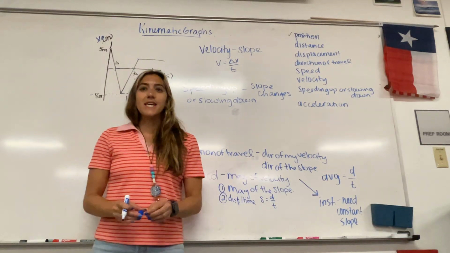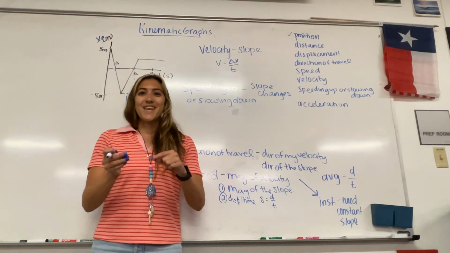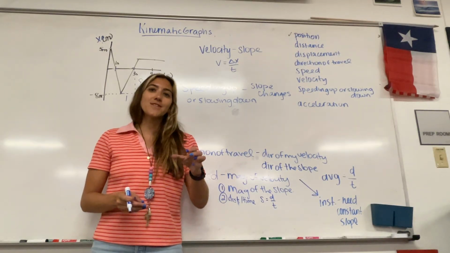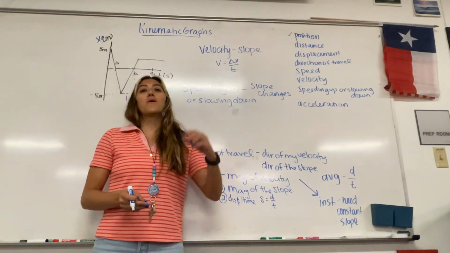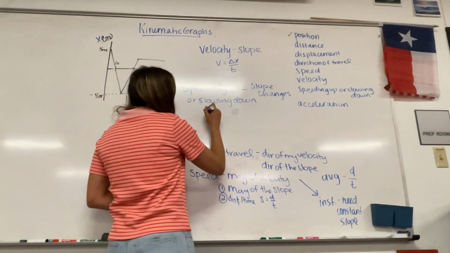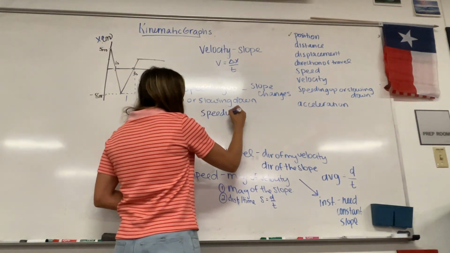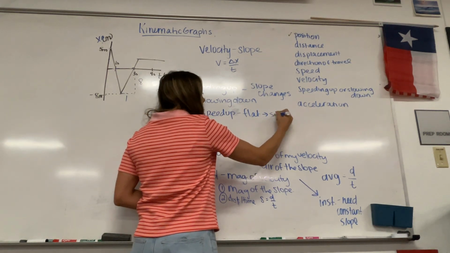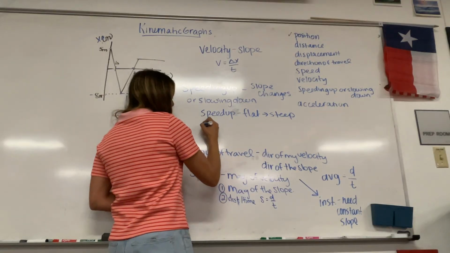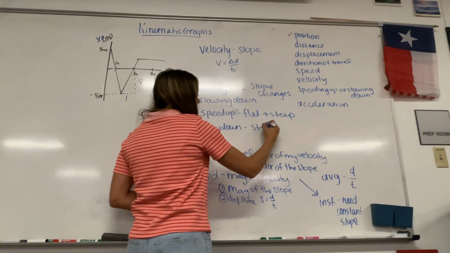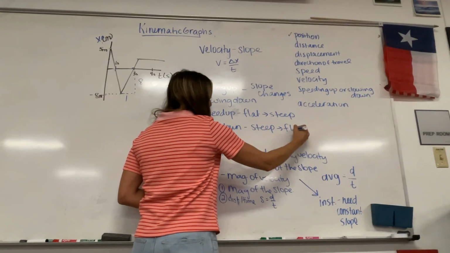That means I'm going to need to have a change in my slope, right? Velocity is slope. So if my slope changes, my speed's changed. Therefore, I'm speeding up or slowing down. So that would look like, for speeding up, going from a flat slope to a steep slope. And for slowing down, that would look like going from a steep to a flat.